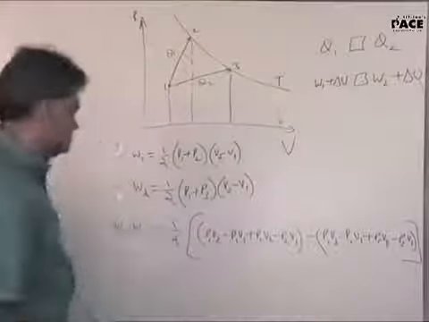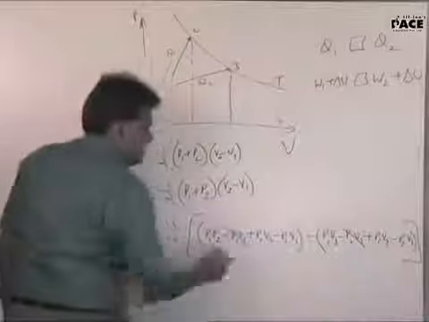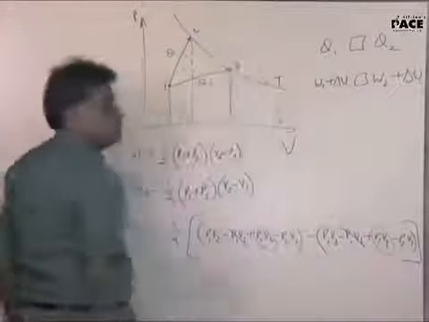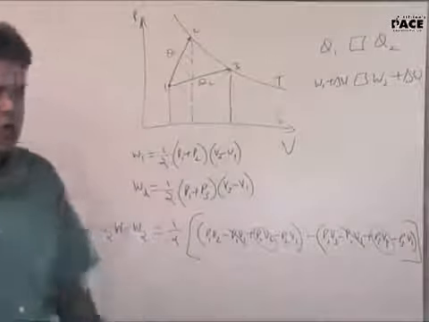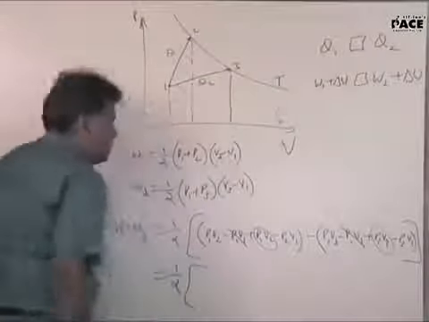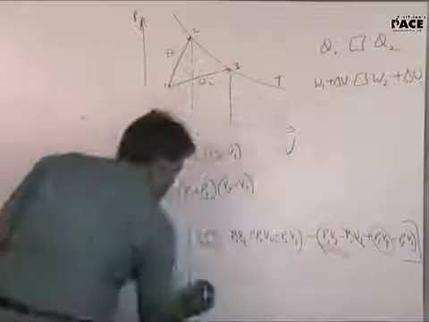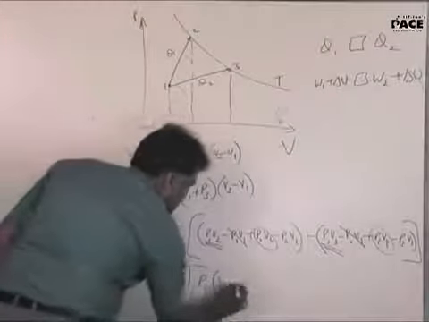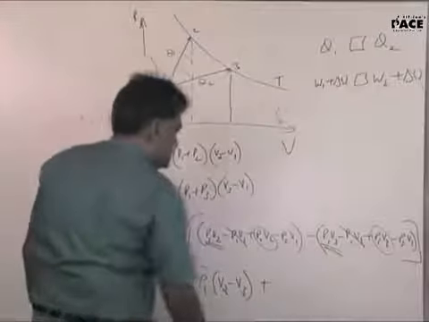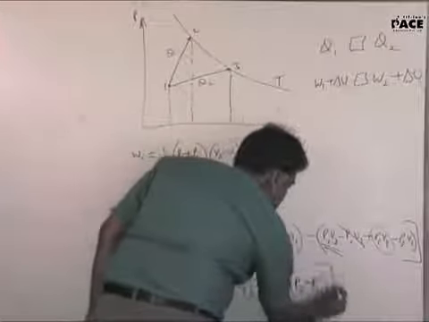You have got these terms. Now P1 V1 cancels off with minus P1 V1. P2 V2 is the same as P3 V3 because they are isothermal, so these two terms go away. Now let's calculate what remains. Half of, if you combine these terms, P1 into V2 minus V3 plus V1 into P3 minus P2.